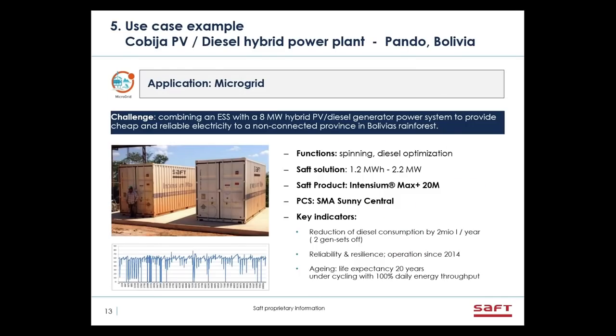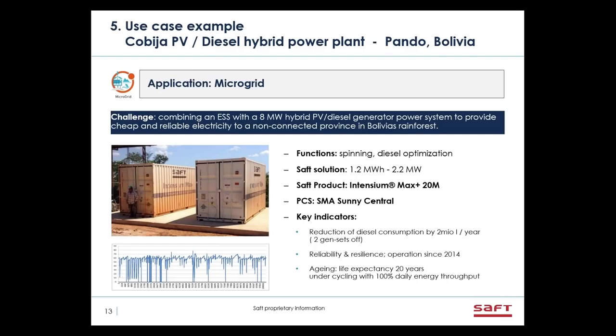One of the examples I have chosen here comes from Bolivia. This is a large 8-megawatt microgrid in the rainforest. It is based traditionally on 10 megawatts of diesel generation, plus 5 megawatt of photovoltaic. And on this, we have added a 2-megawatt battery storage, which provides spinning reserves to the entire grid, so ensuring the grid's resiliency and stability and frequency.